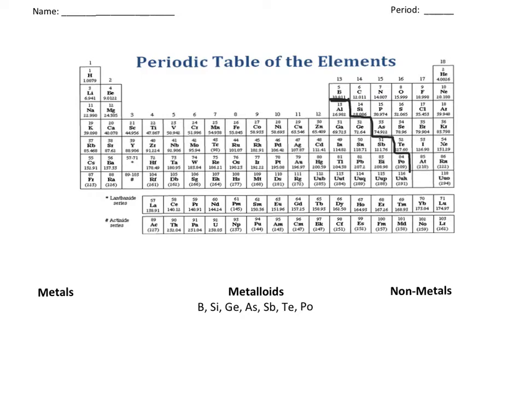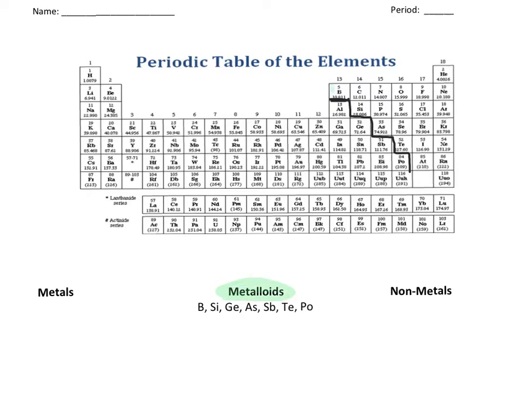Don't worry about the elements that are in the 7th period right here. Those have just recently been discovered and we don't really know much about them. Most of them don't last for very long, so don't worry about those. All right, so the elements that are around the staircase, those are your metalloids. And so I'm going to go ahead and mark that as green.